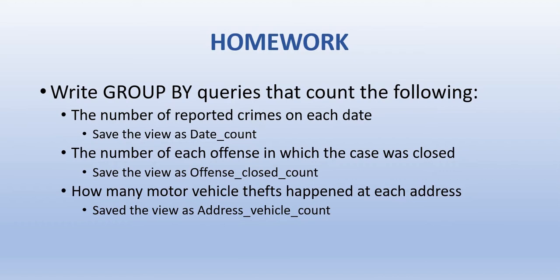Then write an SQL statement that counts the number of each offense in which the case was closed. And save that one as offense closed count. And finally, how many motor vehicle thefts happened at each address? So write a query that counts that as well.